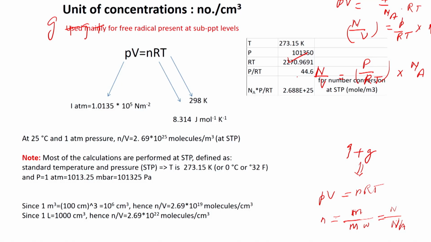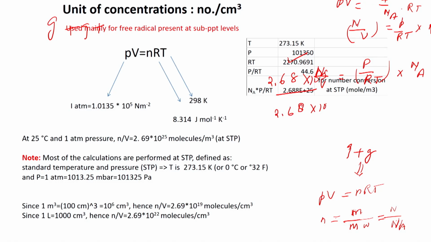Then you calculate RT: R is 8.314 and T is 273.15, so this will be 2270.96, something like that. Then P upon RT will be 44.6, and Na times P by RT will be 2.68 into 10 to the power 25.